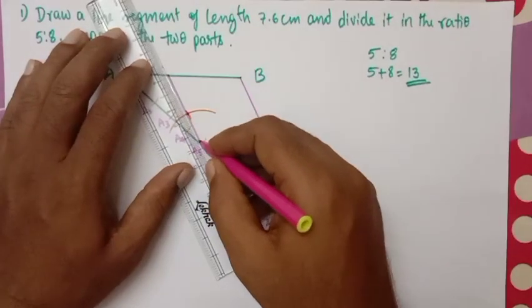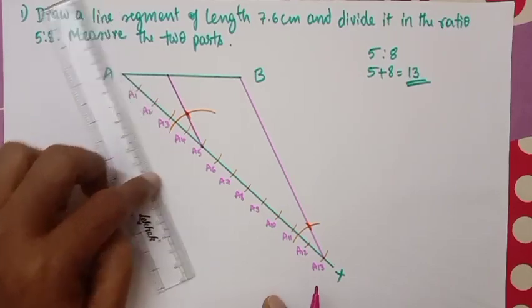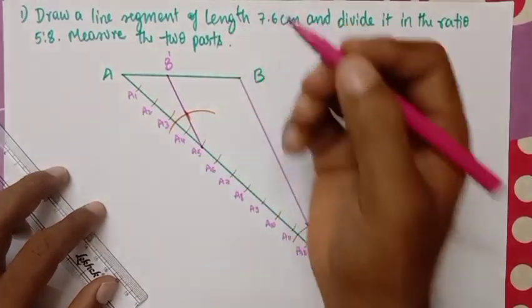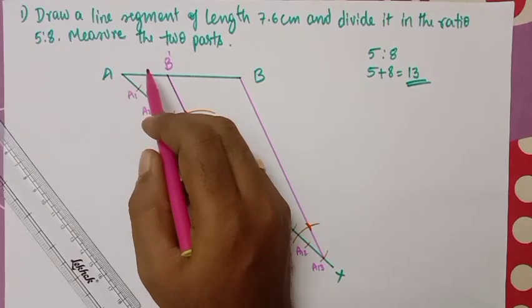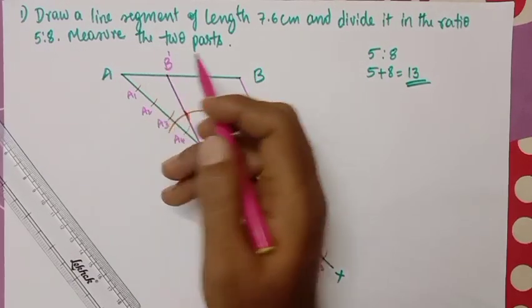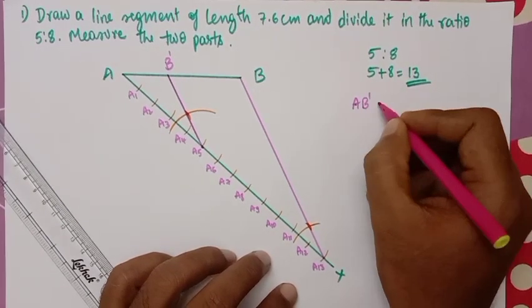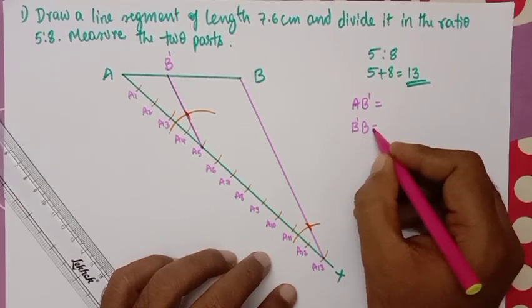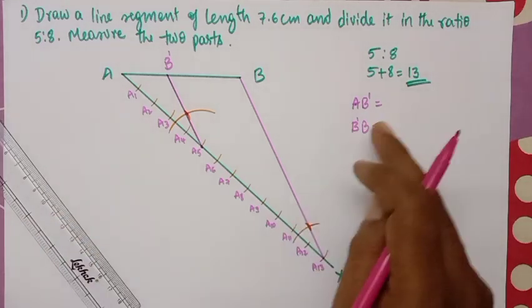So we will join these two and we will name this point as B dash, and we will measure the length of AB dash and B dash B. Let us measure and calculate the length of these two.